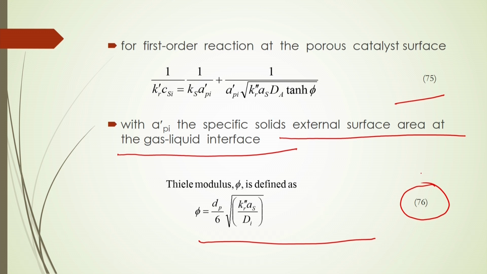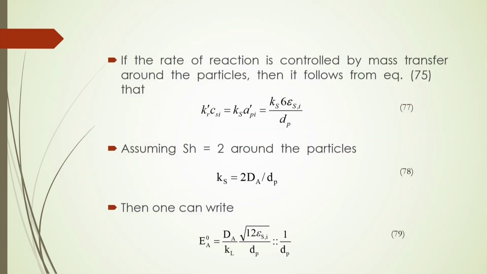Once you know this Thiele modulus, then the mass transfer coefficients and enhancement factors are given according to these equations. And in equation 79, once you substitute this Ks value and the rate of reaction Kr, which is controlled by the mass transfer around the particles, you can get the enhancement factor of mass transfer by equation number 79.